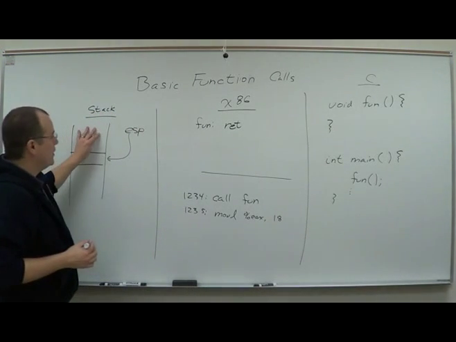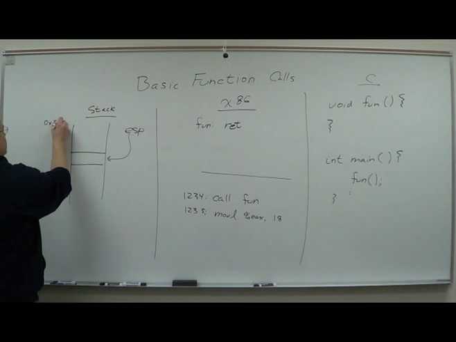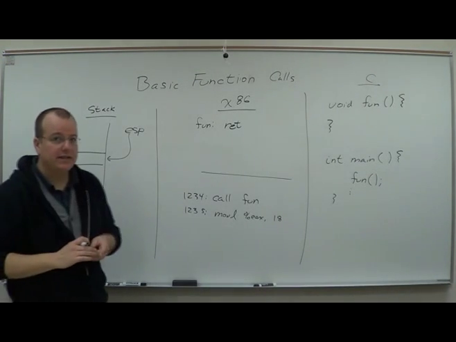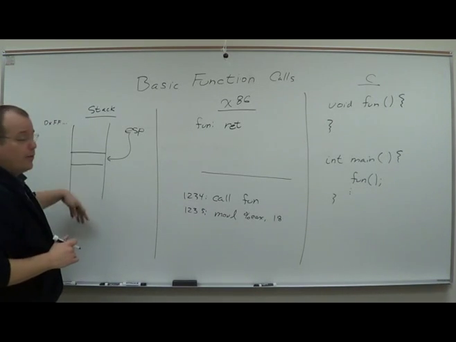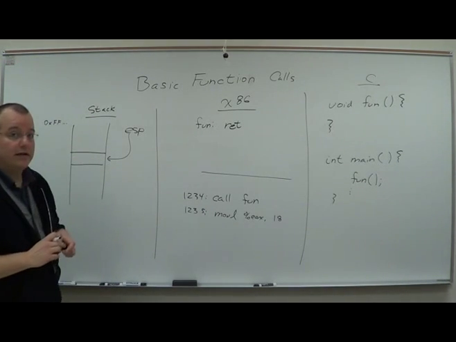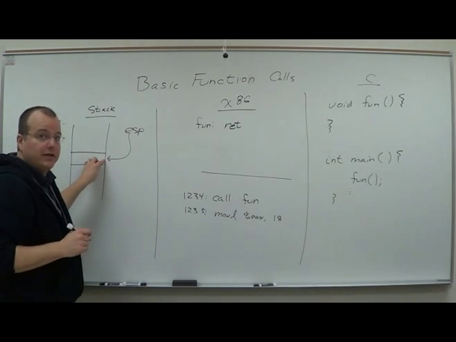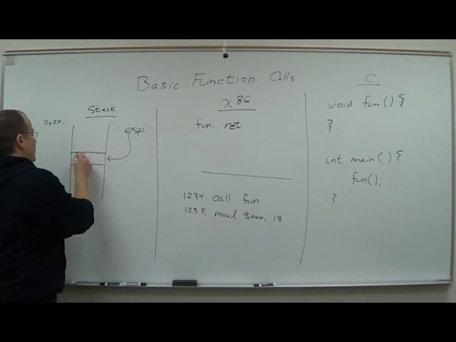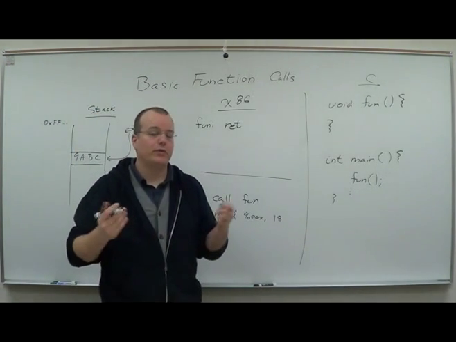Now generally when we draw this memory picture, we put the big addresses at the top. 0 is down here at the bottom. Somewhere in there is our stack. The stack pointer points at the last piece of memory that is used. So 9, A, B, C. Some piece of data, I don't know what's there.